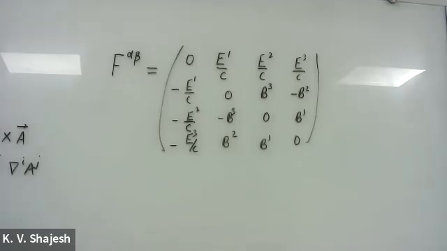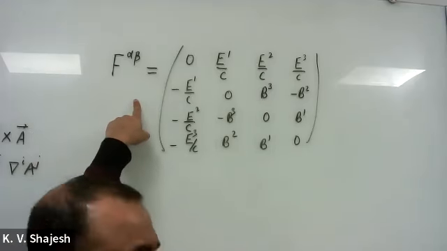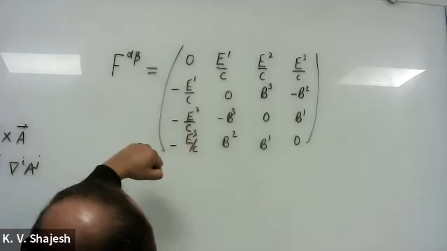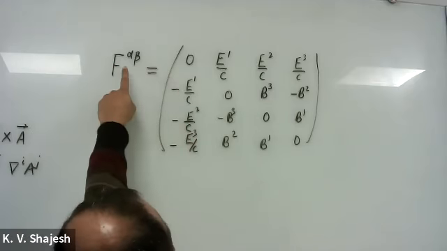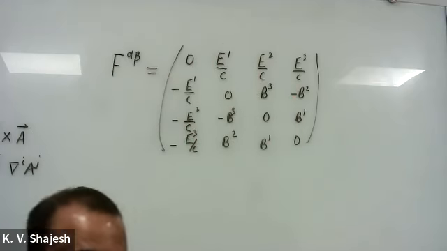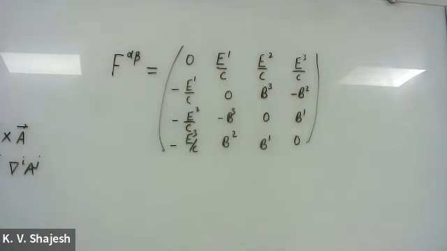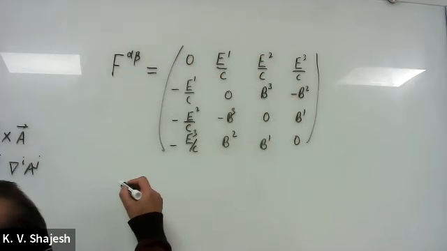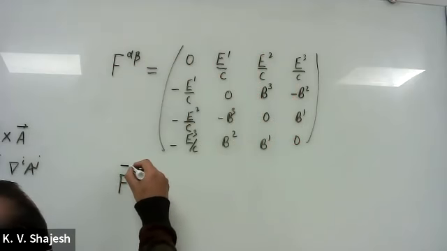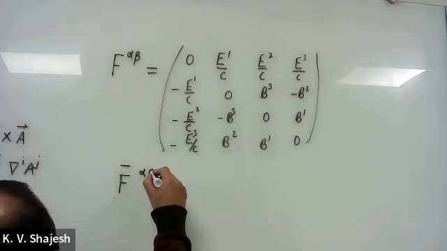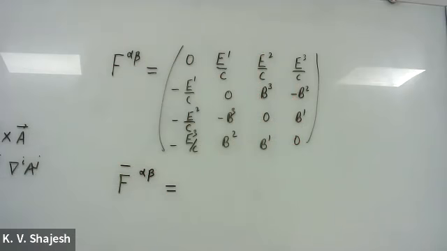If you see, this is a tensor, and under a Lorentz transformation, since there are 2 indices, there will be 2 Lorentz matrices that will multiply. So if you say under Lorentz transformation, how does this go? This is F prime, let's say F bar alpha beta. How does that transform?